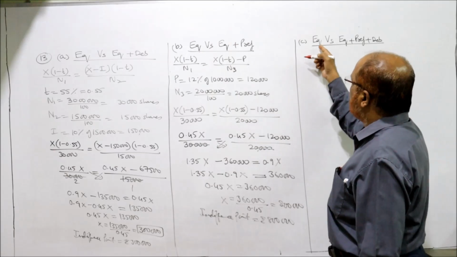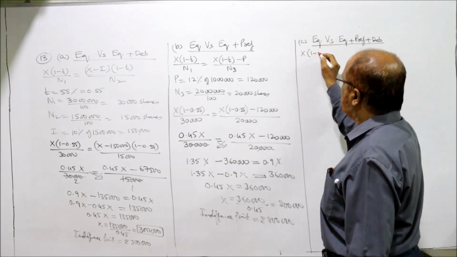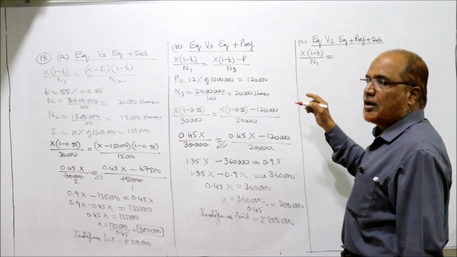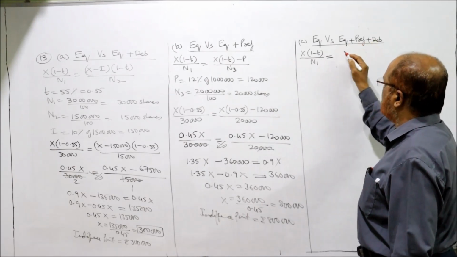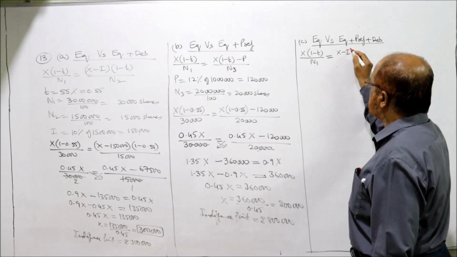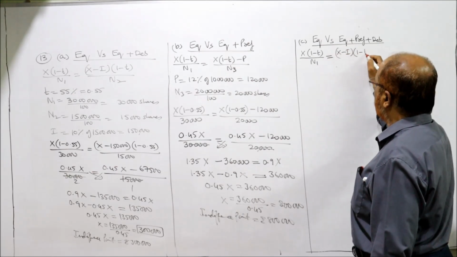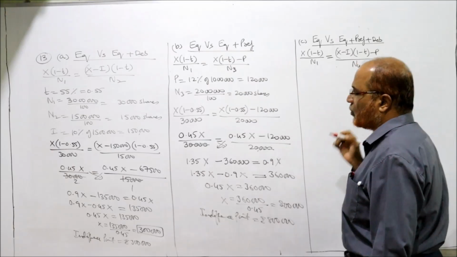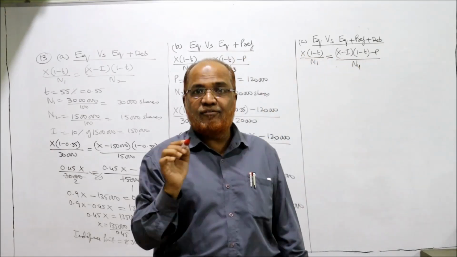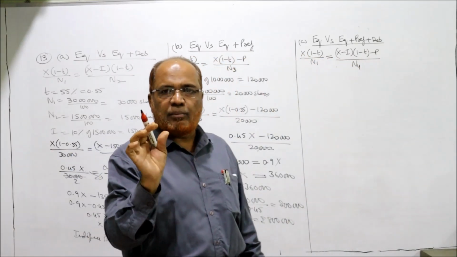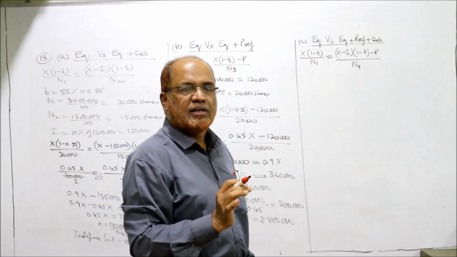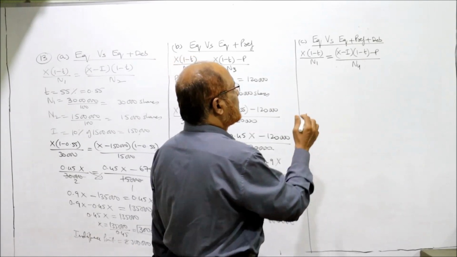So for only equity, x into 1 minus t divided by n1 is equal to. Now here we have equity, preference and debentures, so x minus I into 1 minus t minus p divided by n4. So first time we are applying n4. n4 means the number of equity shares when equity share, preference share and debentures are all issued together.